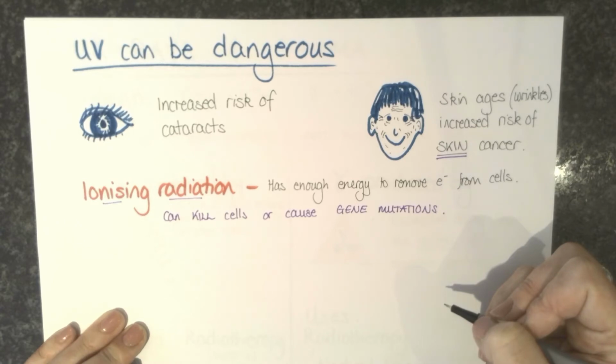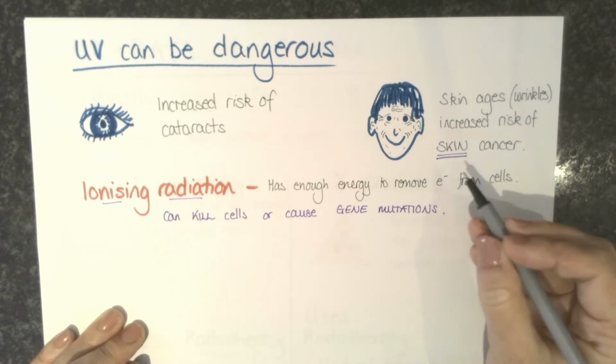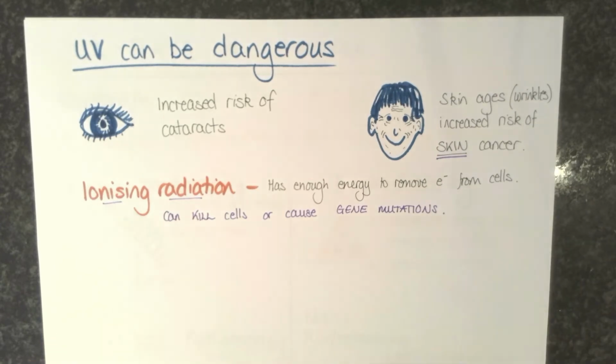So sunblocks or sun creams, which contain chemicals and particles within them, which will absorb the UV of different types. There's various different types of UV, and it absorbs the ones that are most damaging to our skin and bring this increased risk of skin cancer. So that's ultraviolet.